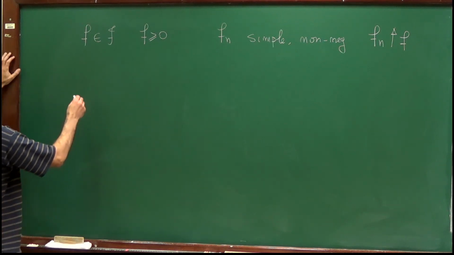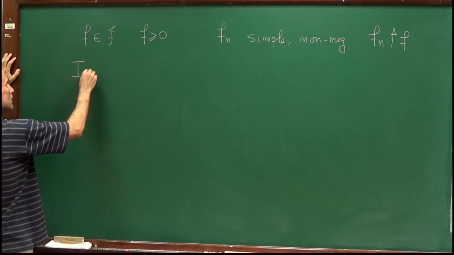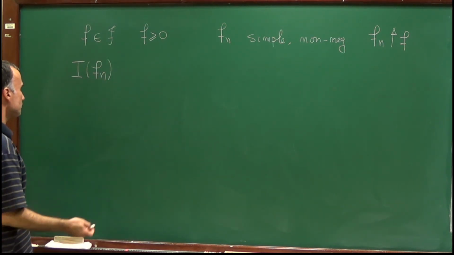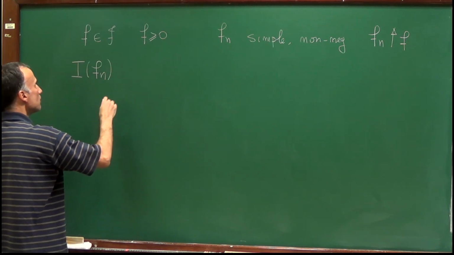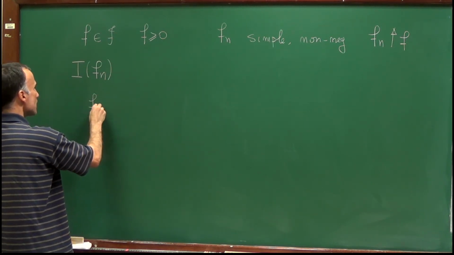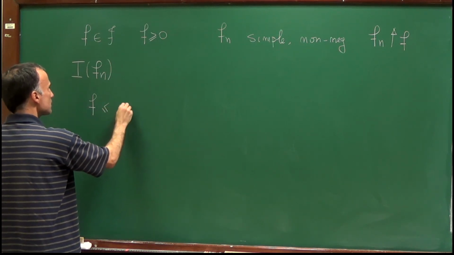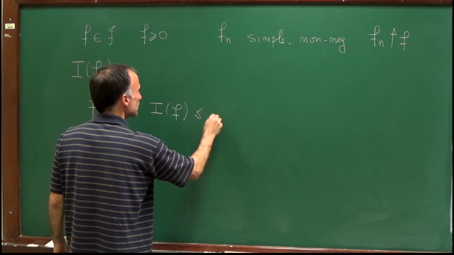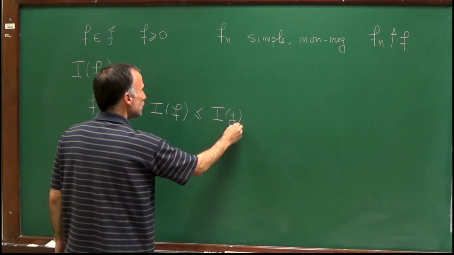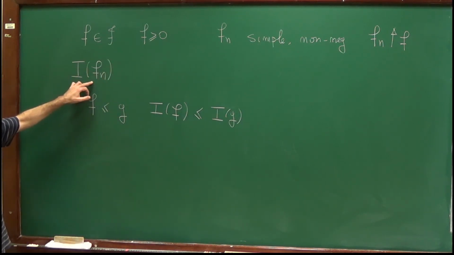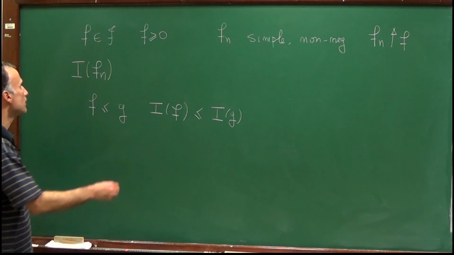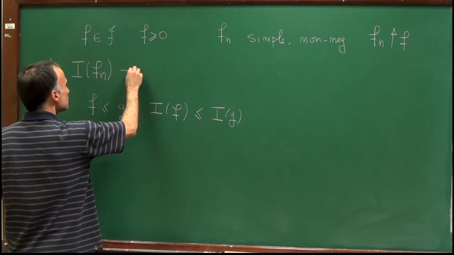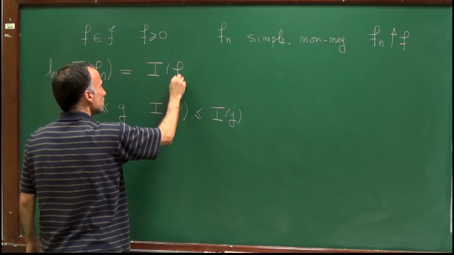Okay. Well, since we defined already the integral of a simple function, and since, as I will show, if I have two simple functions f and g such that f is less than g, we will show in a second that the integral of f is smaller or equal than the integral of g. So this means that this sequence is non-decreasing, it has a limit, so I can define the integral of f as the limit of this sequence.